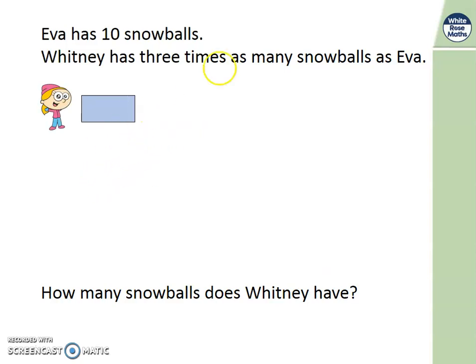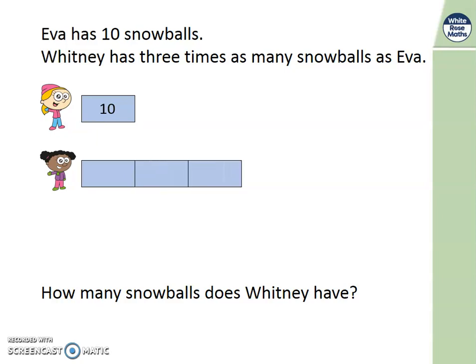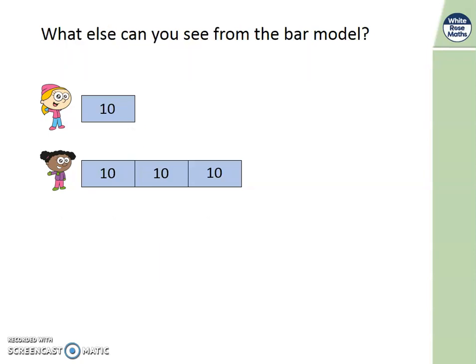What's it worth? That's right, it's worth 10. Here's Whitney, and she has 3 times as many. That means she has the same size bar of 10 and 10 more and 10 more again because she has 3 times as many. Each one is worth 10. Can you see how many snowballs Whitney has? Whitney has 30 snowballs. What other things can we work out from the bar model? Have a think.